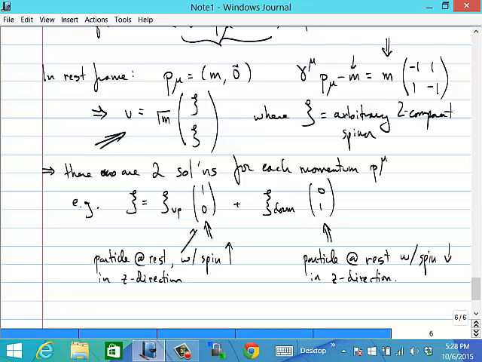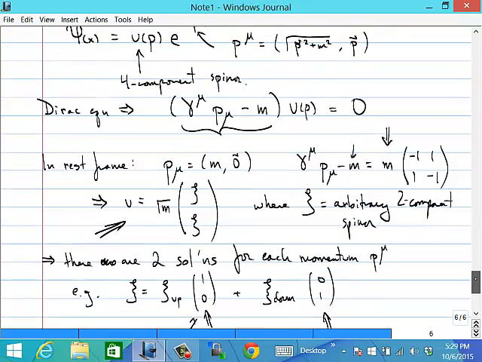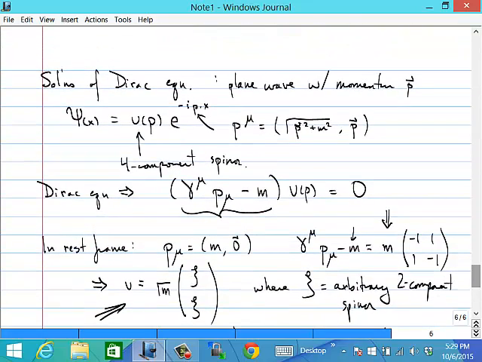So let me just stop here, but before I do, let me see if there are any questions. So just to summarize, what we have here is plane wave solutions to the Dirac equation, just like there were for a scalar field or electromagnetism. But there are additional pieces of data that go along with these solutions. Just as if you were discussing the plane wave solutions of electromagnetism, you would have to specify the polarization of the electromagnetic wave.